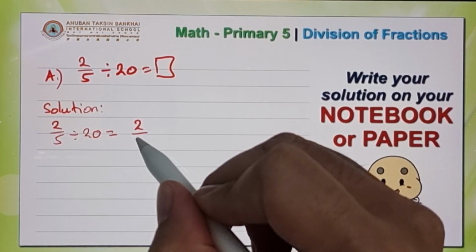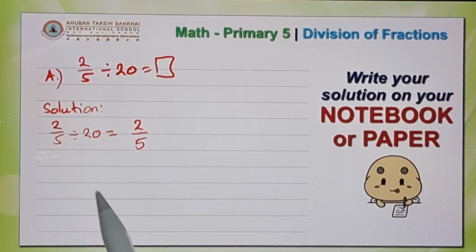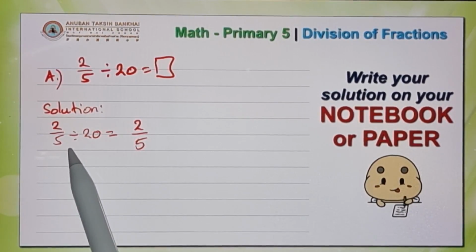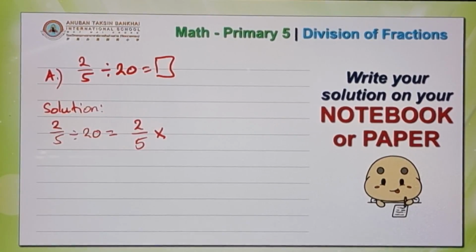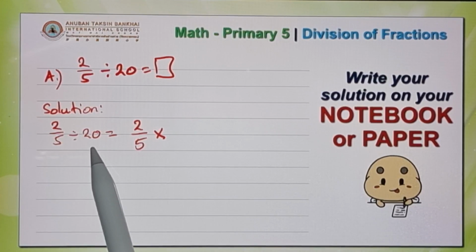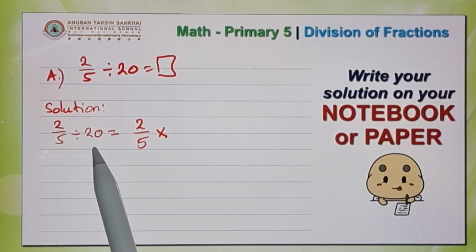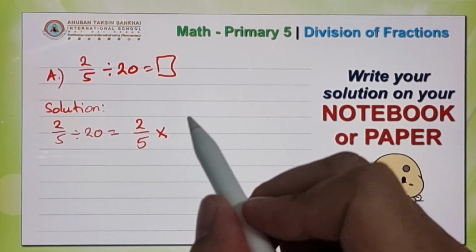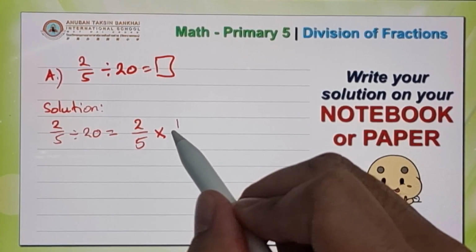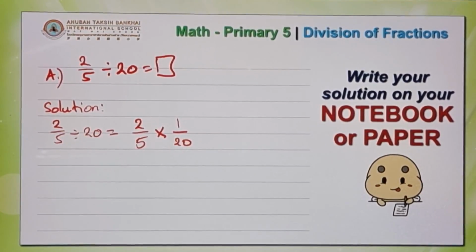So that's 2 over 5. Next, we are going to change division to multiplication. And next, we are going to invert. So we are going to get the reciprocal of 20. Do not forget, a whole number has a denominator of 1. If we invert that, we are going to get 1 over 20.